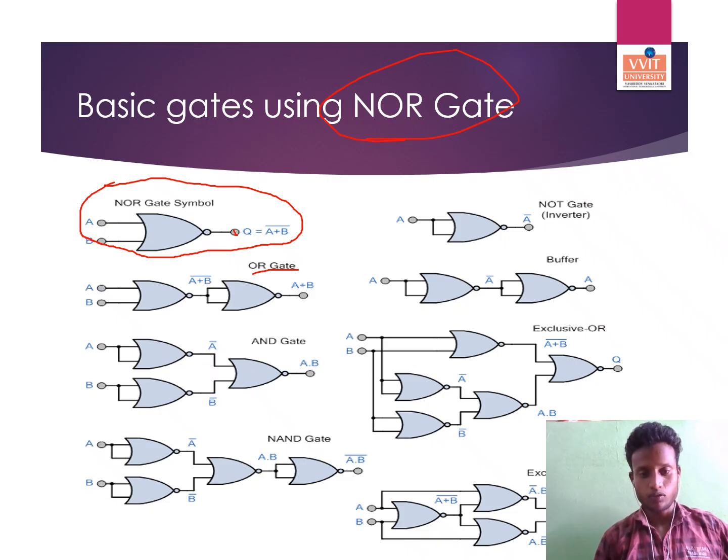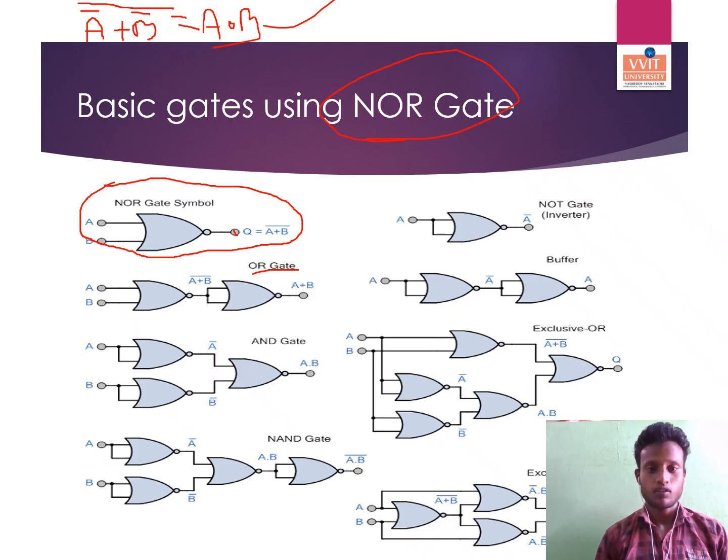Now A bar and B bar are given to the NOR gate, and it gives A into B. We have the Boolean function A bar plus B bar whole bar equals A into B. And we get the output A into B. This is the Boolean algebraic function.